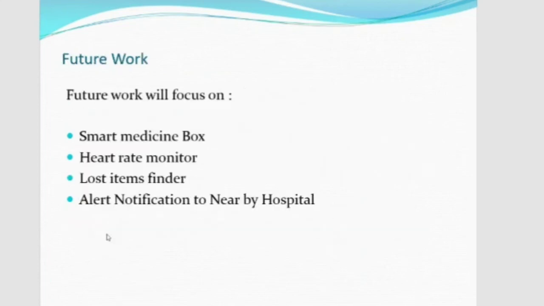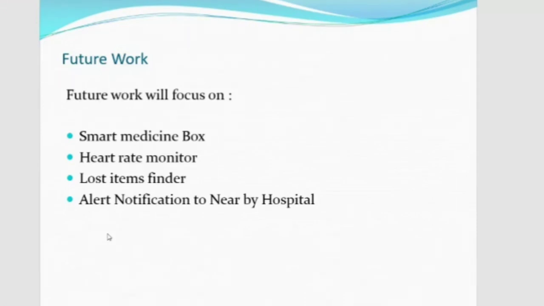So in future work, if we are able to do more about this project, we can make a smart medicine box which keeps the count of the medicines that are being taken. If the patient is taking more medicines or fewer medicines, it will update the caretaker. And there's a heart rate monitor as well.